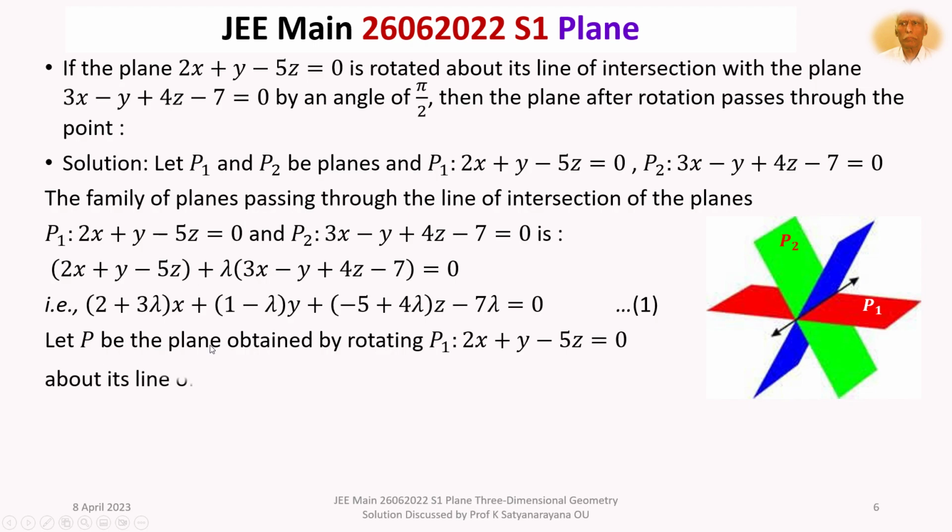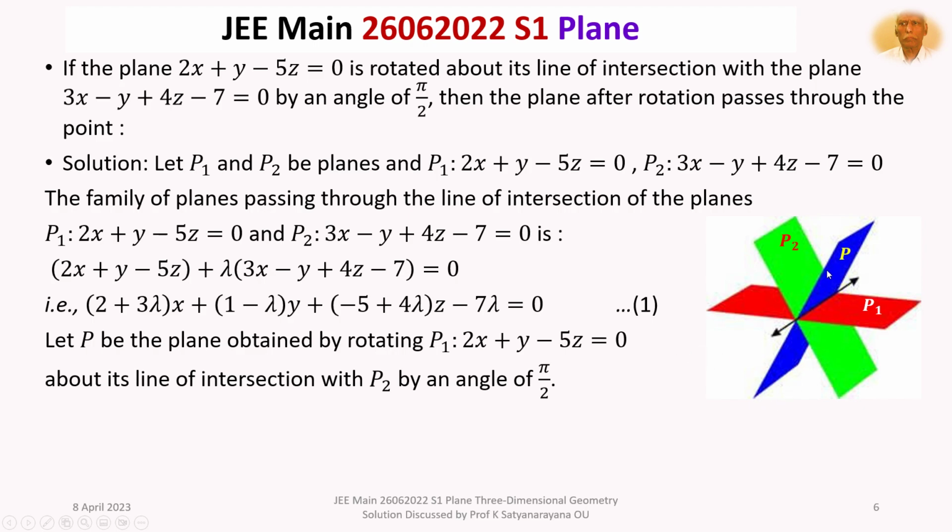Let P be the plane obtained by rotating P1 about the line of intersection with P2 by an angle pi by 2. So P1 is rotated by an angle pi by 2.